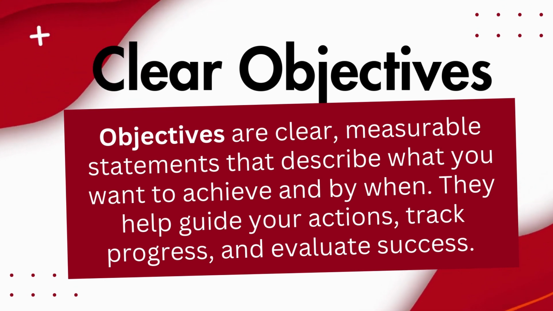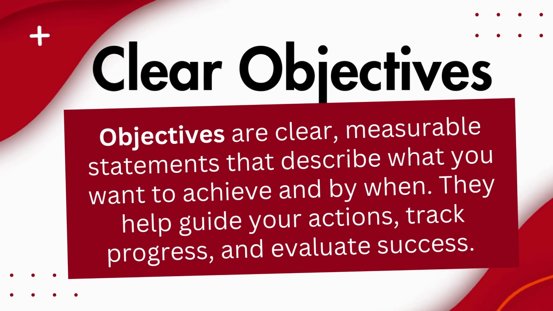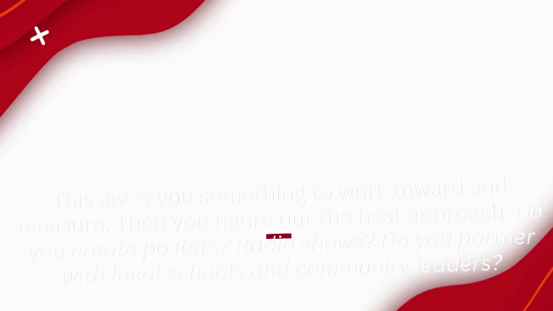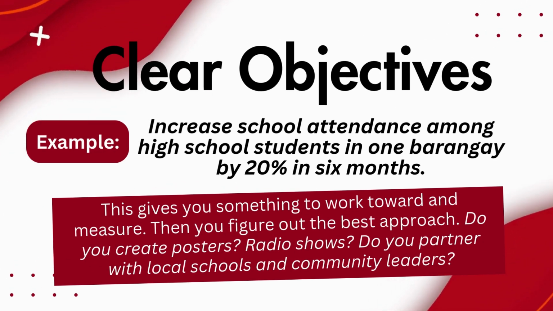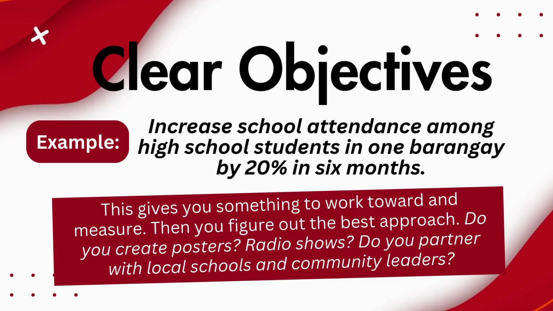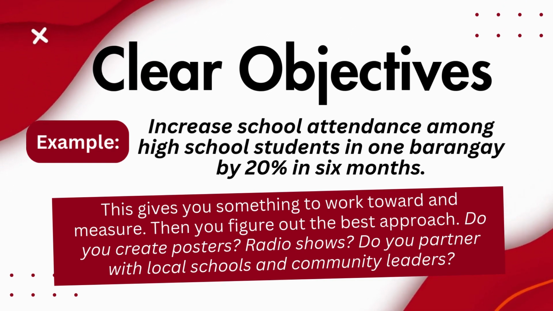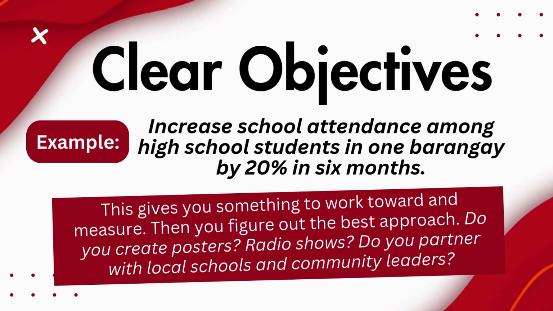They help you guide your actions, track progress, and evaluate success. For example, increase school attendance among high school students in one barangay by 20% in 6 months. This gives you something to work toward and measure.